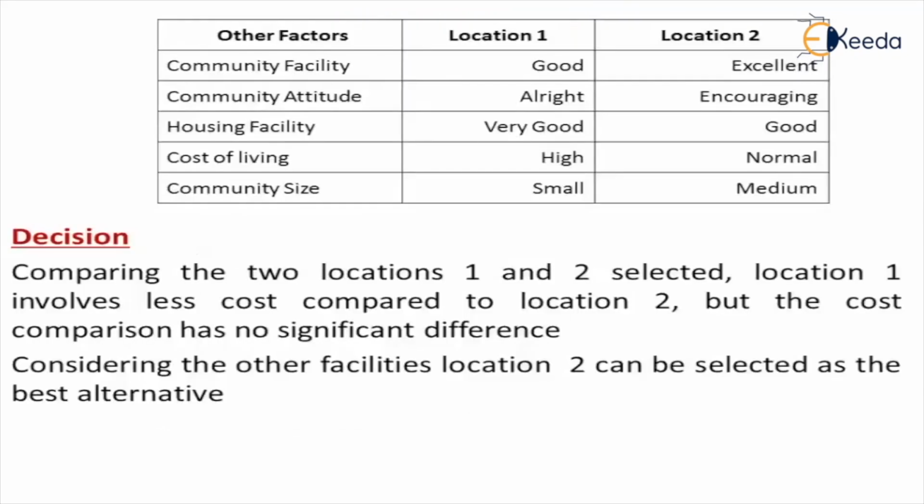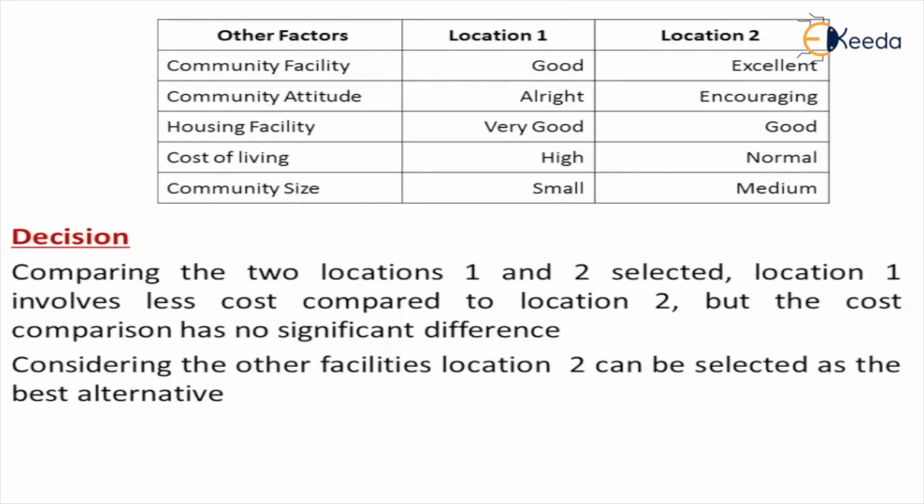So the other factors are the community facility. It means how many laborers are around us, so that we have to assess. In location 1 it's good and in location 2 it's very good, it's excellent. Then community attitude, it means the laborers' attitude. Attitude in the sense of eagerness to work in an industry or the acceptance of a laborer to work in an industry, all this is community attitude.